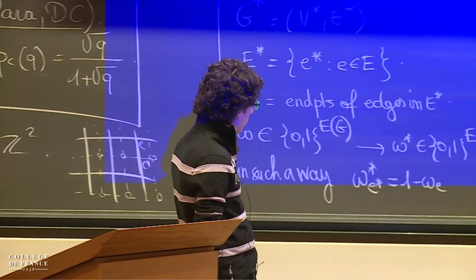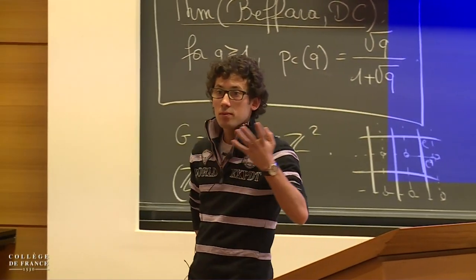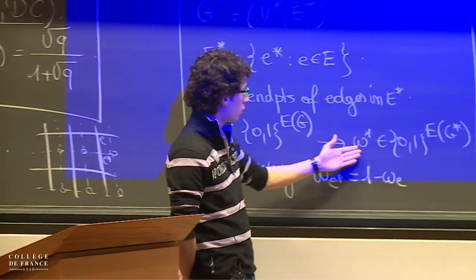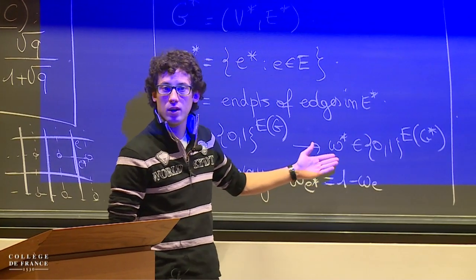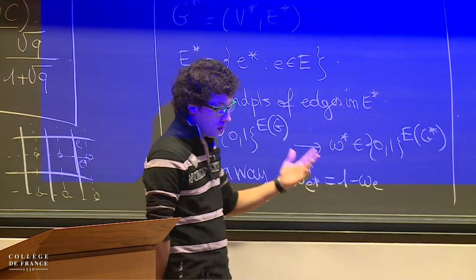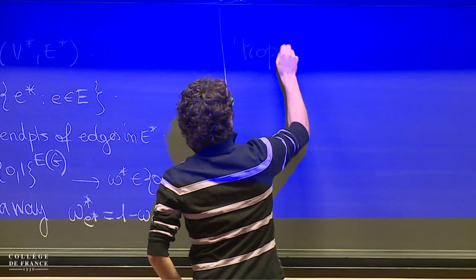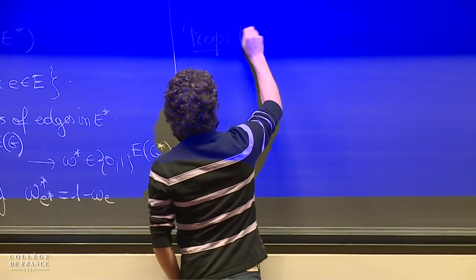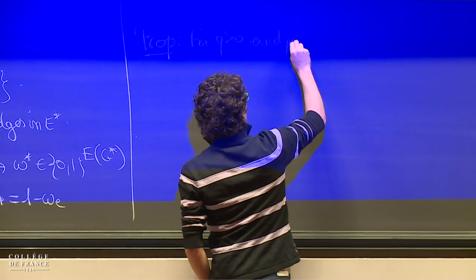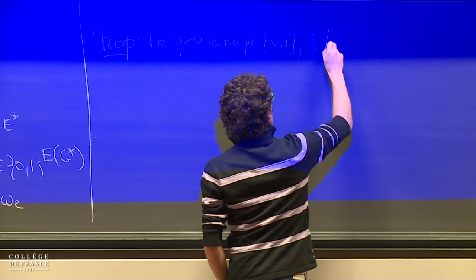Now, we saw this already for percolation: the random configuration on the dual graph is simply percolation with parameter 1 minus p, and this is obvious. Well, there is a property for the random cluster model that says the same thing for q bigger than 0 and p in (0,1), even with boundary condition xi.